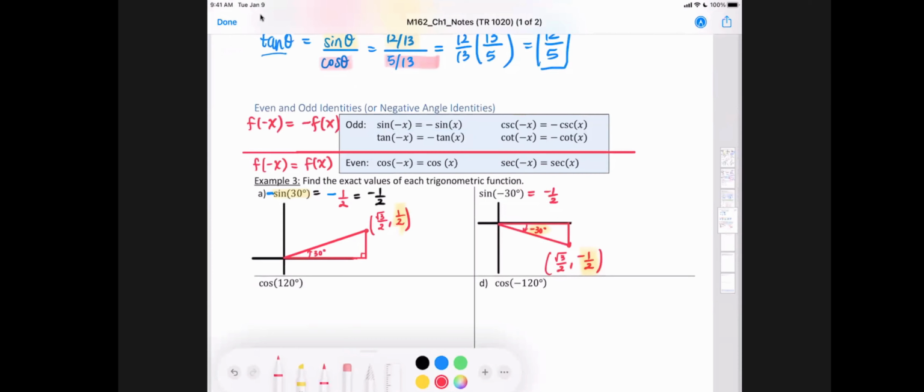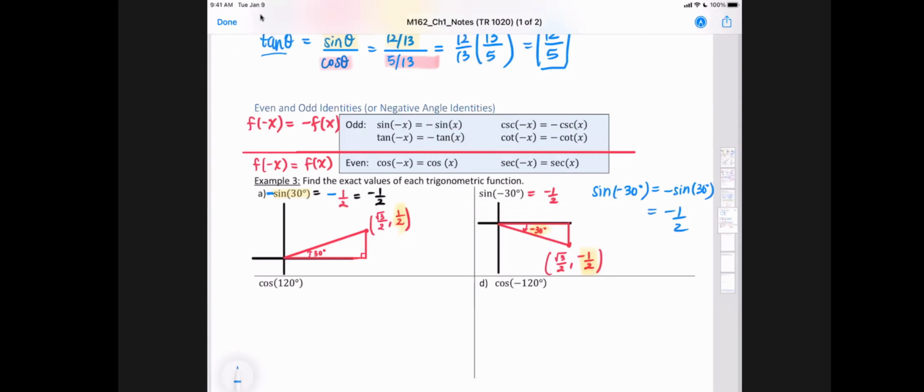And let me just summarize here that sine of negative 30 degrees was the same as negative sine of positive 30 degrees, which is negative 1/2.